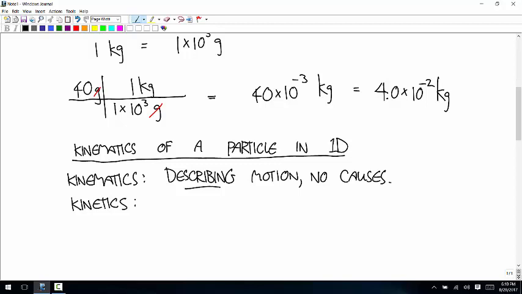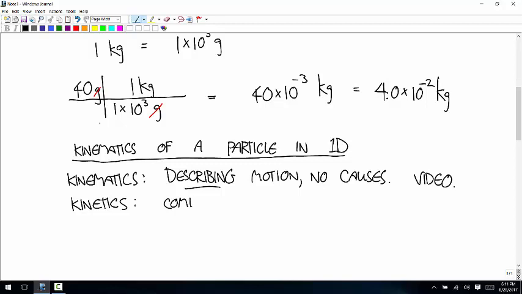You could tell how fast something's moving. You could tell how far it moves this way or that way. You could tell how long it takes to get from here to there. But you can't tell anything about the mass of the thing that you're investigating. It could be hollow or something, you don't know. And you can't tell anything about the forces that are being applied. So no causes, no mass, and no force. This is stuff you can figure out from video.